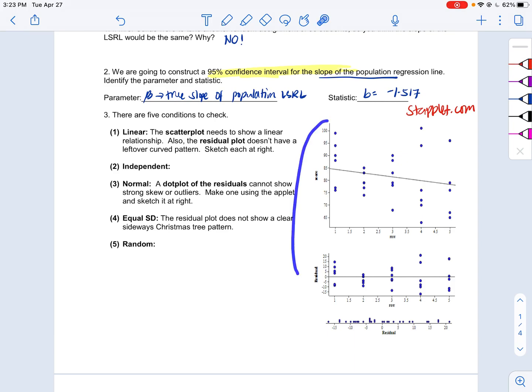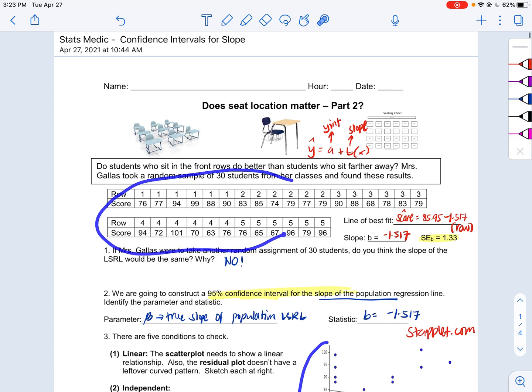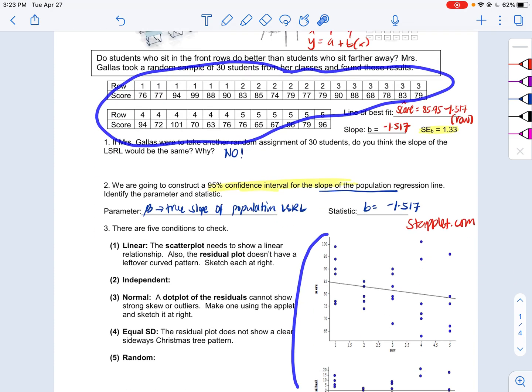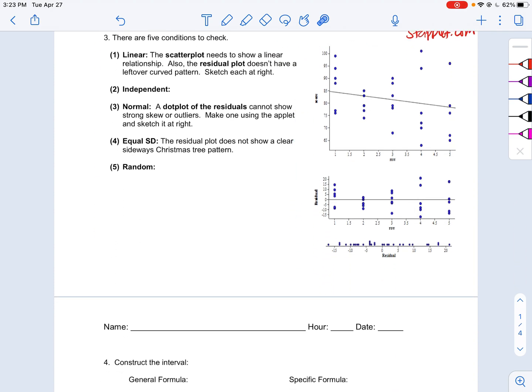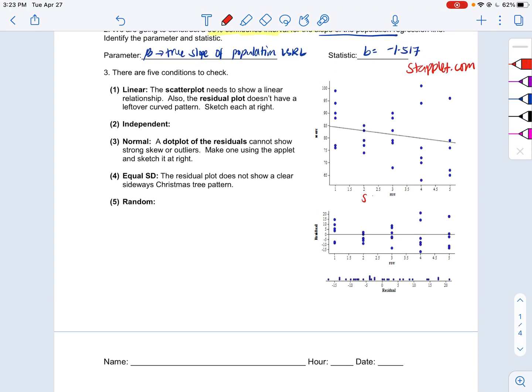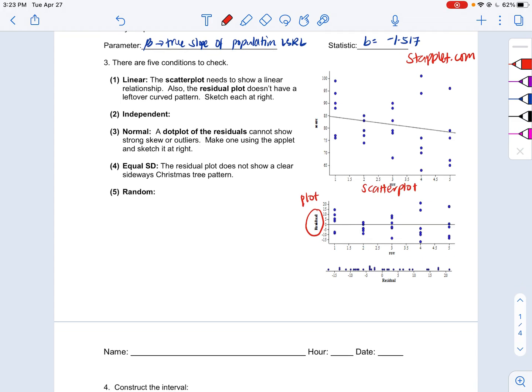On Stapplet.com, you can enter all of this data as two quantitative variables, and then you'll get what we call the scatter plot. This is the scatter plot. This is the residual plot. And this one is the dot plot of the residuals.